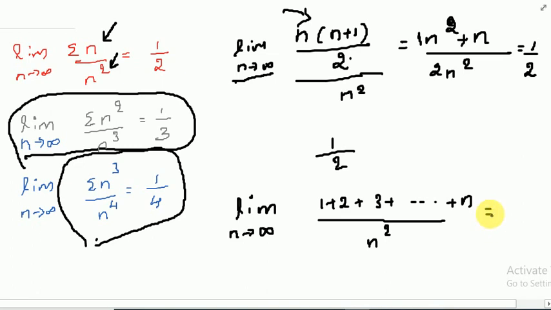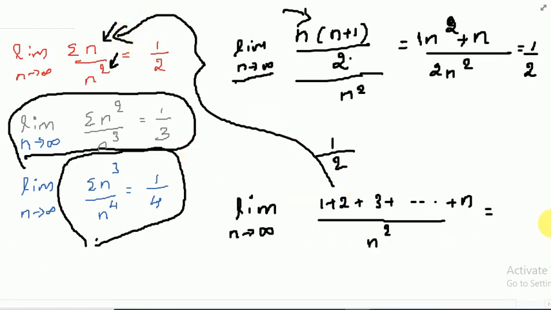So here also the numerator is nothing but this particular summation of n. Therefore, which is the same as this first result, the answer will be 1 by 2. So let me move into problems now.